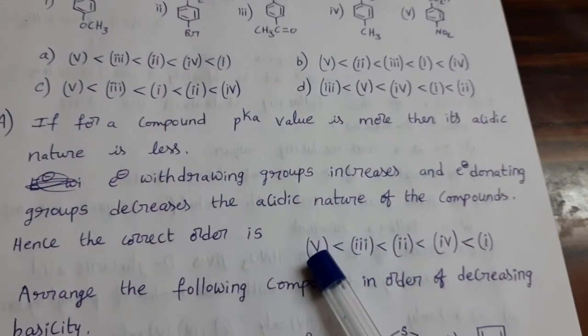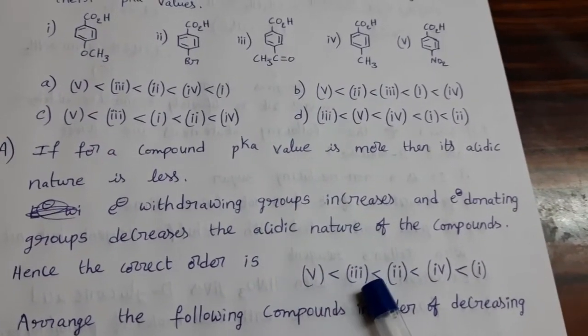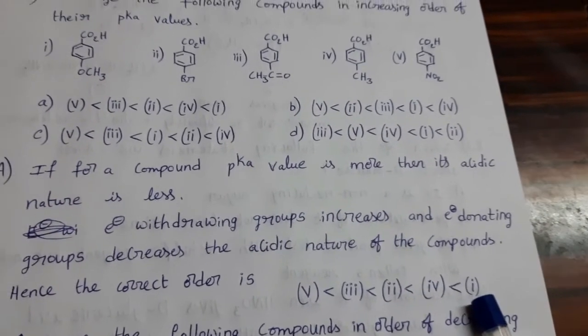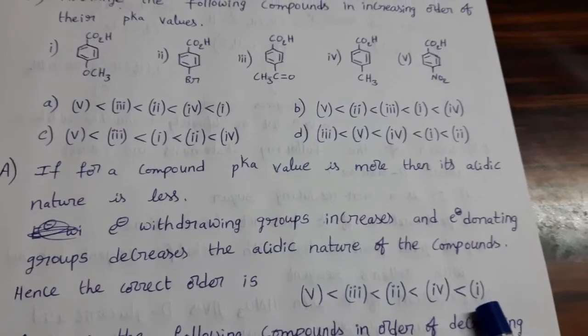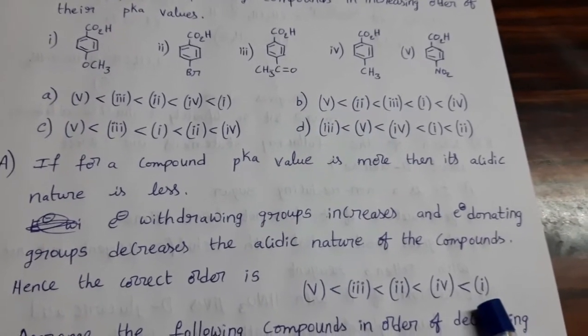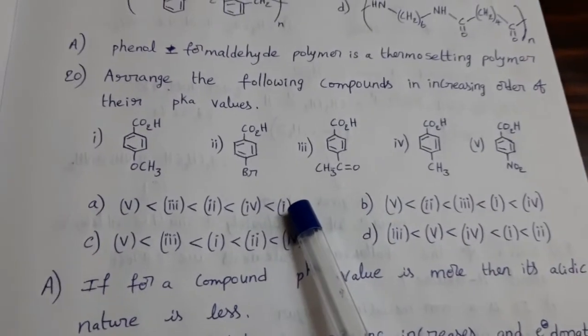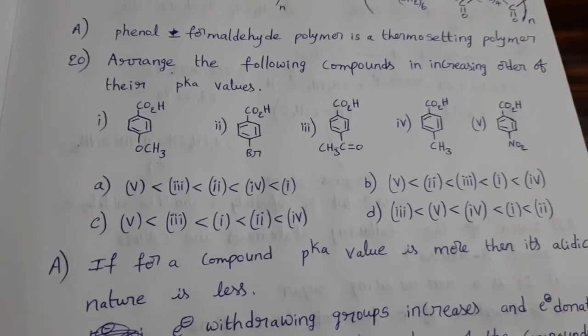Finally, the order is 5th compound less than 3rd, less than 2nd, less than 4th, less than 1st. Increasing order, lowest pKa to highest pKa. What is the option? Option A is the answer. Okay friends, we'll meet you in the next class.